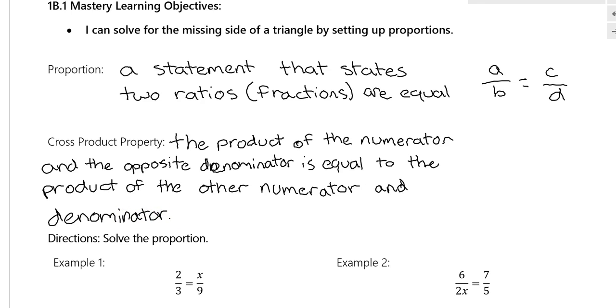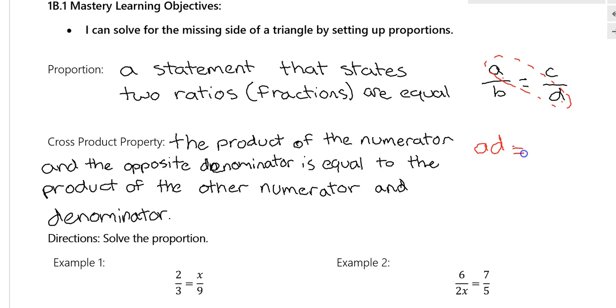That's a lot of words. What does that mean? Right? Remember, numerators are just the number on top of a fraction. Denominators are the numbers on bottom. Product means you're multiplying. So multiplying the numerator and the opposite denominator. So if I multiply my numerator and the opposite denominator, that means I'm multiplying these two.